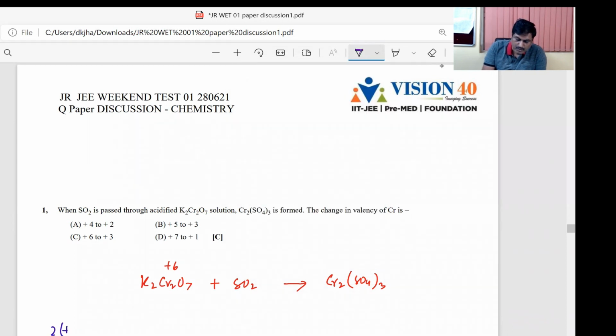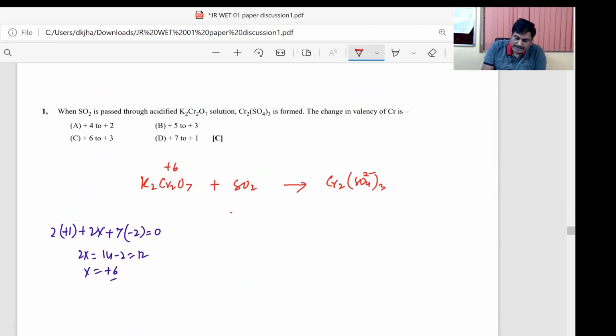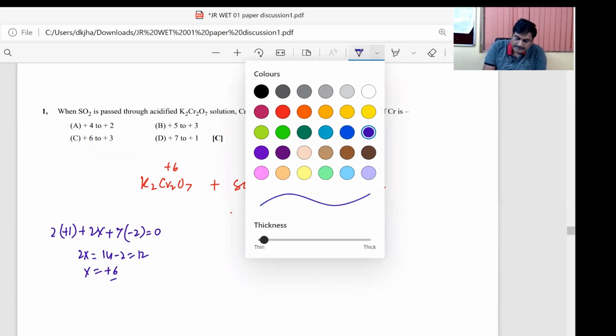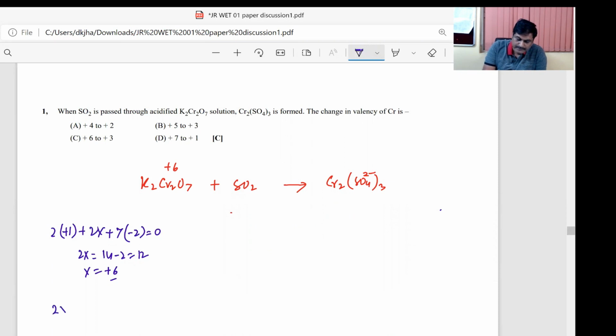There the K is +1, 2 into +1. Chromium is X, so 2X. 7 oxygen is there, each -2, is equal to 0. So 2X is equal to 14 and this goes to that side, 14 minus 2 is 12. So X is equal to +6. So the oxidation state is +6. Correct. Sulfate has a 2 minus charge. So for Cr2(SO4)3, Cr2 is 2x, chromium. SO4 is sulfate, 2 negative. So 3 into -2 is equal to 0. So 2x is equal to 6, so x is equal to +3.